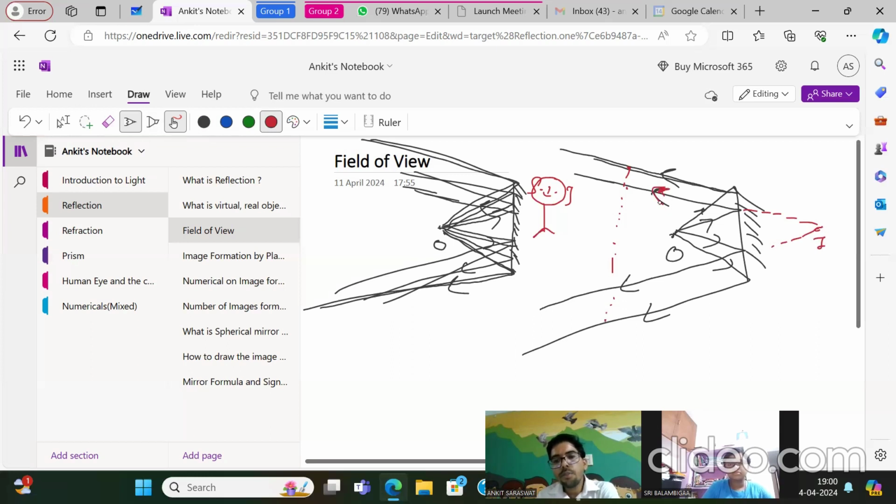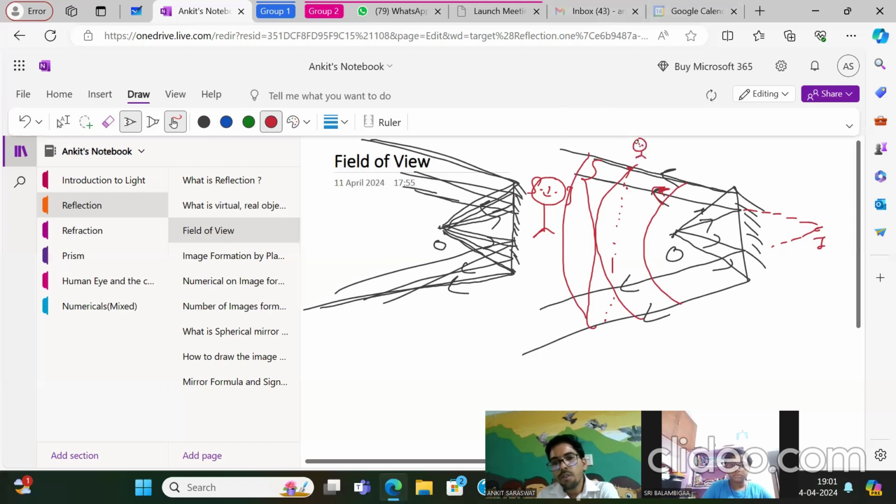So field of view means a region, the region in which all the reflected rays are present. So this is the region in which all the reflected rays are present. So field of view of this is, you can see here field of view is this much. Here field of view is continuously increasing. If you are standing here, then you can't see any image.